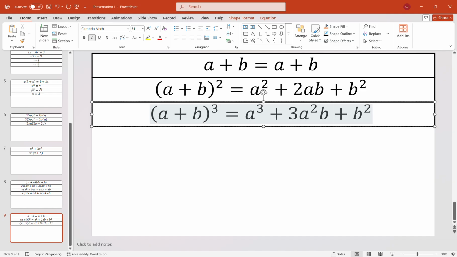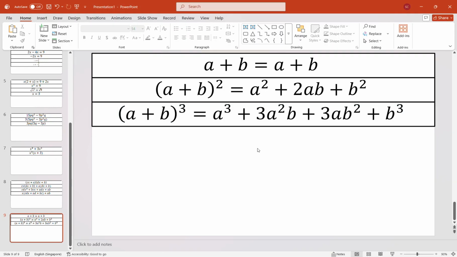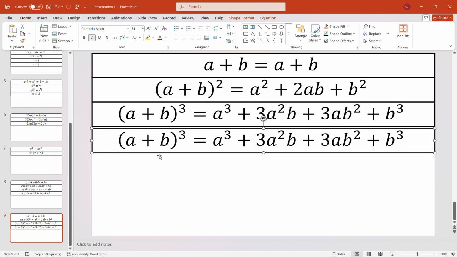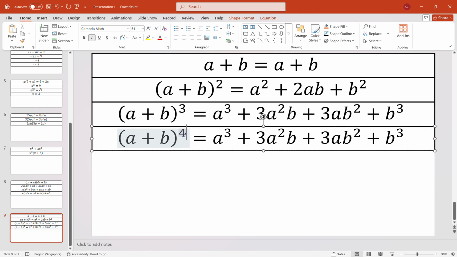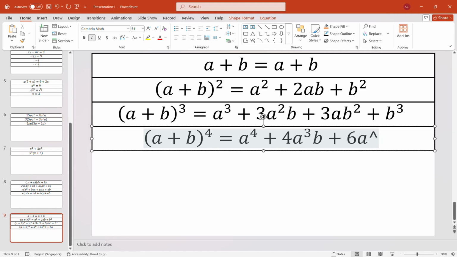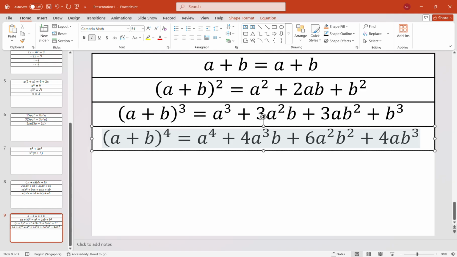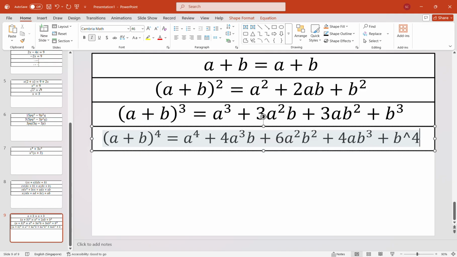Wait, no. Plus 3ab squared plus b cubed. Okay. And then I think this is power 4: a to the 4th plus 4a cubed b plus 6a squared b squared plus 4ab cubed plus b to the 4th.